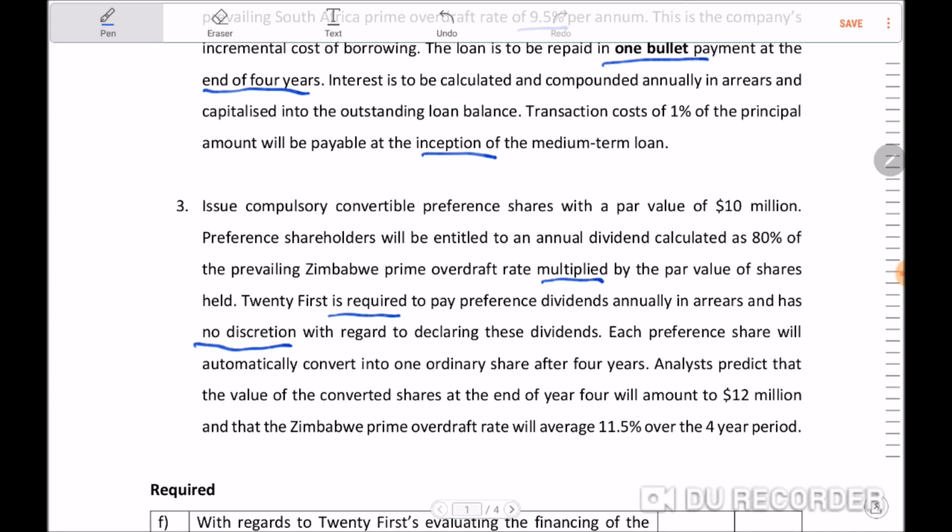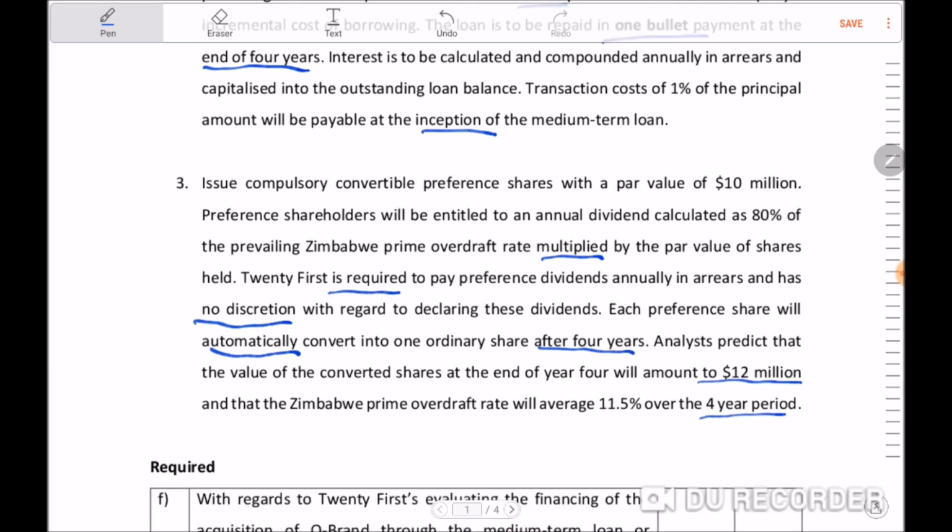Each preference share will automatically convert into one ordinary share after 4 years. Analysts predict that the value of the converted shares at the end of the 4 years will amount to 12 million, and that the Zimbabwe prime overdraft rate will average 11.5% over the 4-year period.